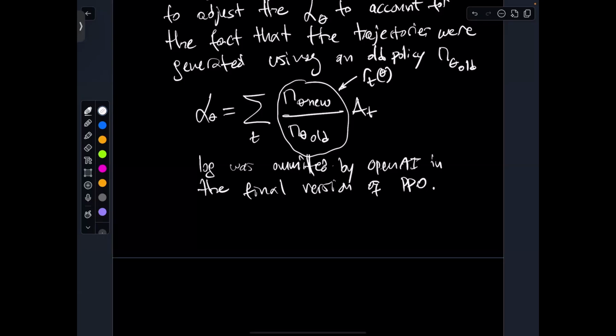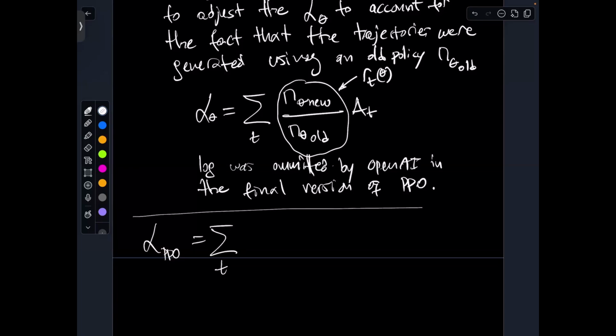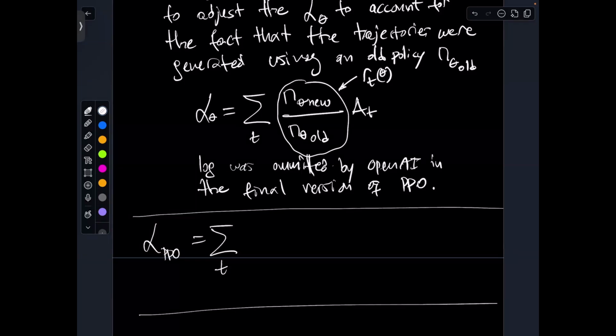And so the final loss in PPO is a summation over t. And this is basically the only innovation. All the earlier discussion was already known from actor-critic methods that preceded PPO. But PPO tried to limit how the policy updates happen because they didn't want to introduce instability, especially on large models.